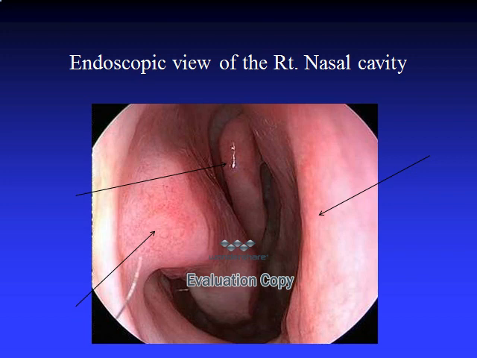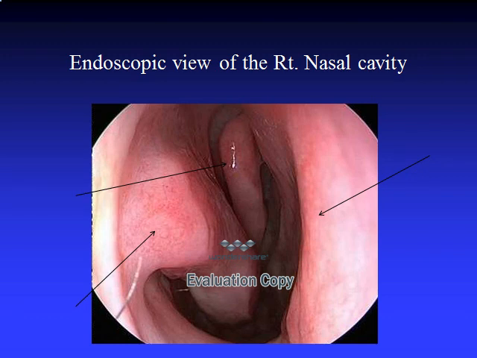So, this is a picture showing the view of a rigid endoscopic endonasal examination of the right nasal cavity. This is the nasal septum on the right. The arrow in the left above shows the anterior end of the middle turbinate.